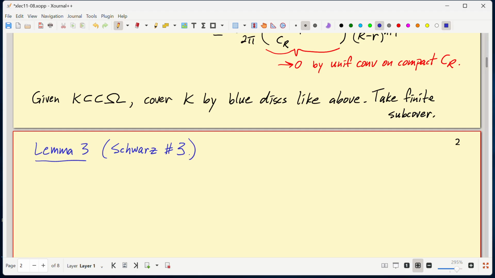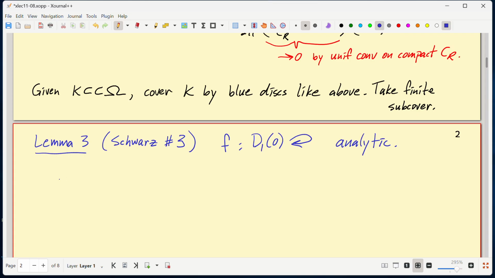It's about analytic functions that map the unit disk into itself. And f is analytic. But we're not going to assume that f of 0 is equal to 0. And so we don't get the usual part A, but it turns out that part B is still true, that the modulus of f prime of 0 is less than or equal to 1.